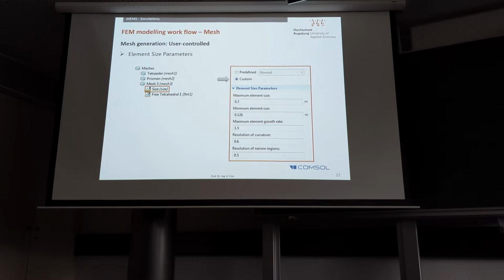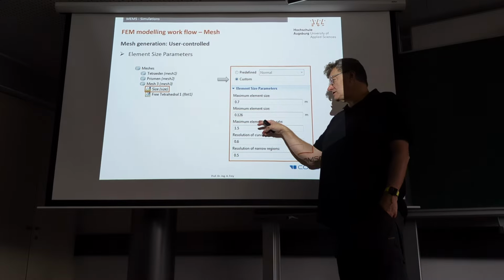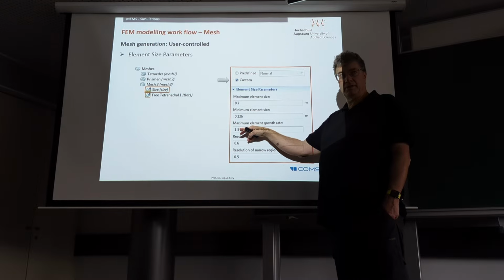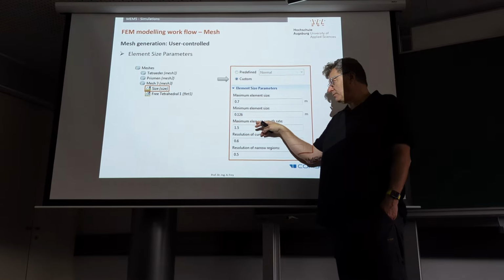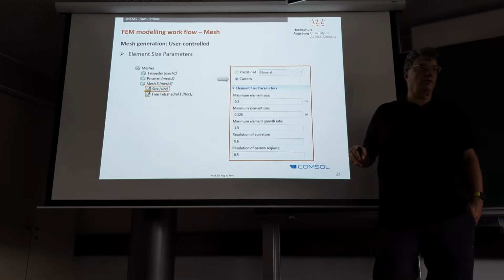So if you have minimum and maximum, then you have to have a transition somewhere in your model. Small mesh elements, larger mesh elements, and the way the transition happens can also be controlled by a global parameter. It acts on the whole geometry by the element growth rate. So what does 1.5 mean?